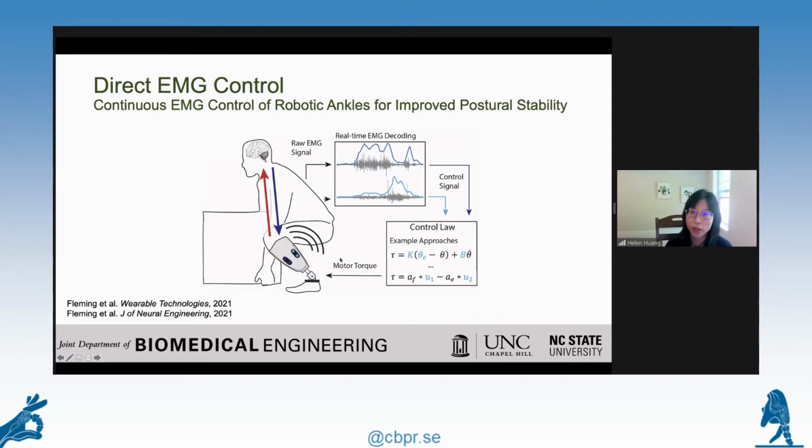So we basically give up the entire state machine, and we're just using the EMG to continuously control the prosthesis. And we are hoping that if this works, it would extend the tasks that this device can support. So there are no limits on certain tasks.